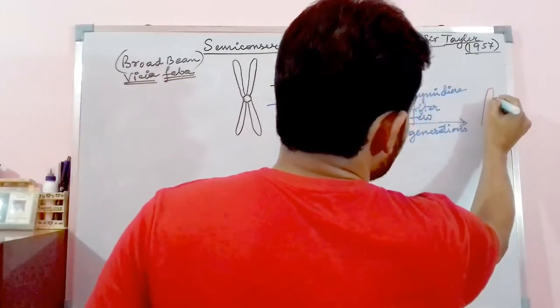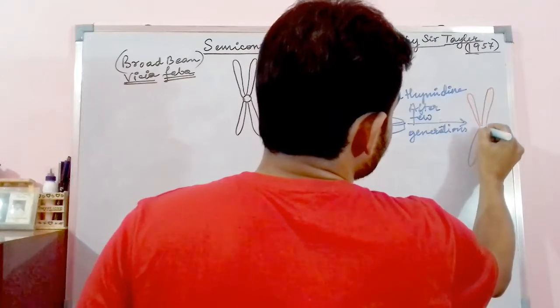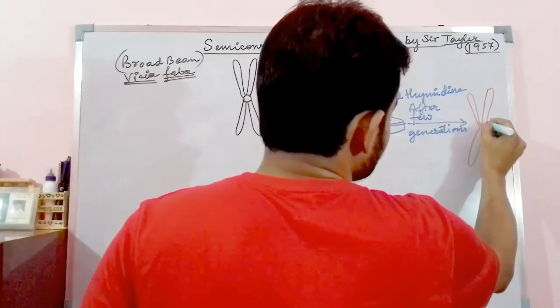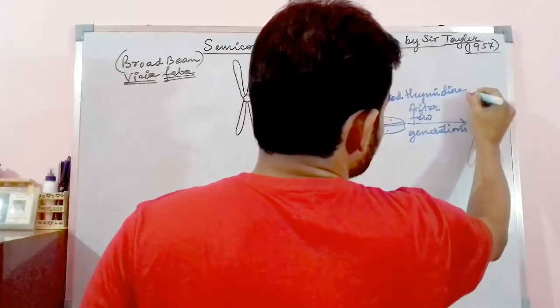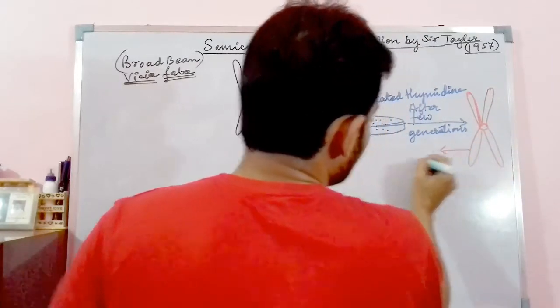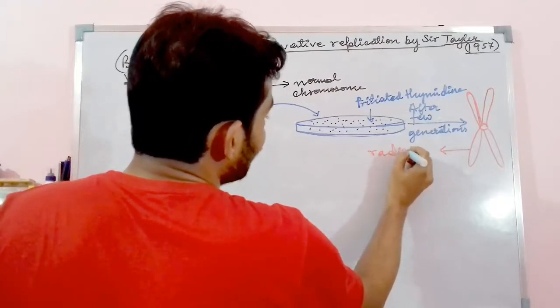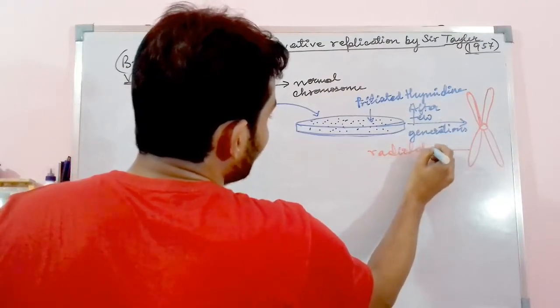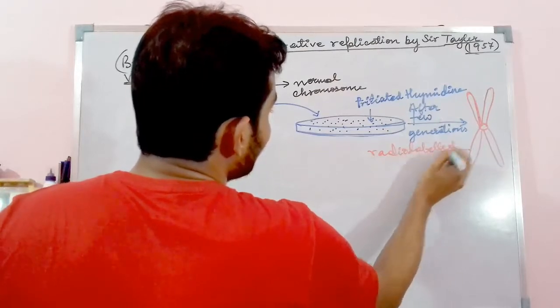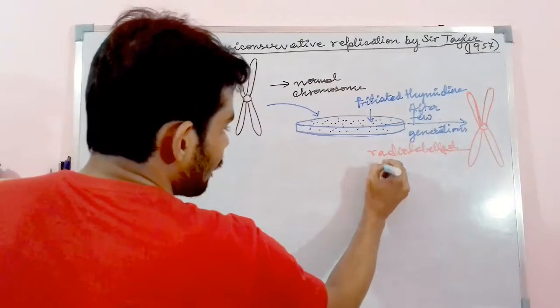This is the radioactive form of the chromosome. This is actually the radio-labeled chromosome.